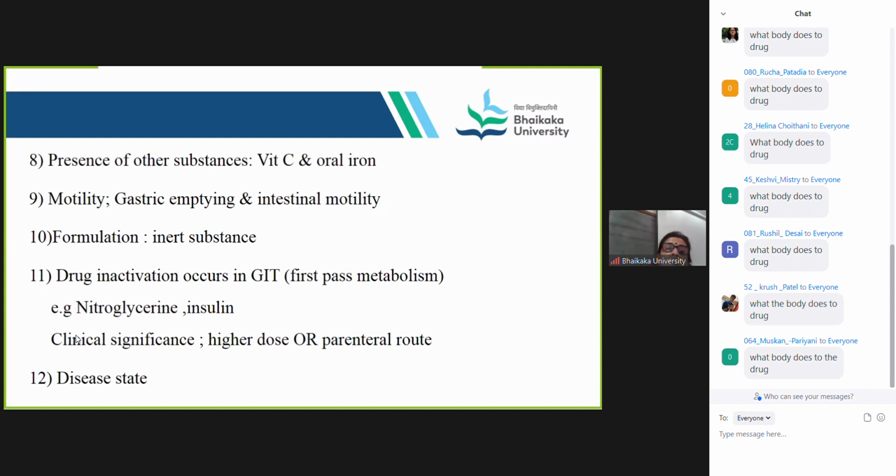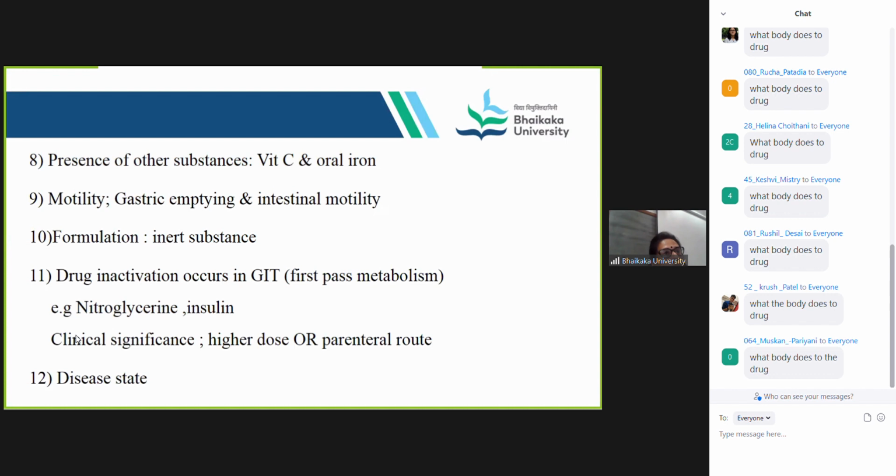I have written here the example of vitamin C and oral iron preparation. Patients suffering from iron deficiency anemia, if taking oral iron preparations and vitamin C has been given, then vitamin C will increase the absorption of iron.